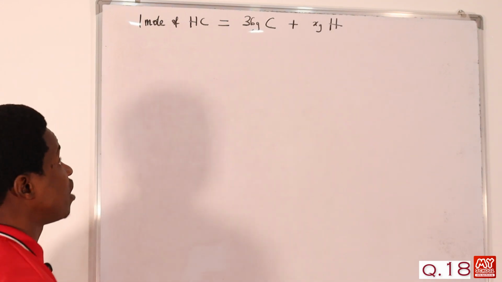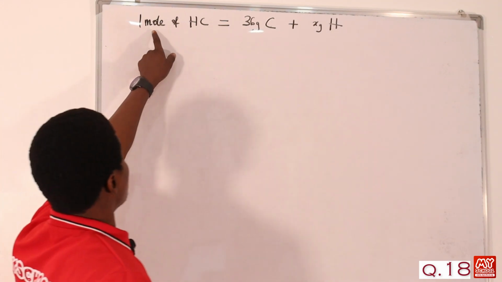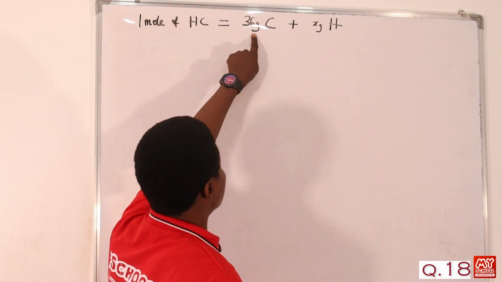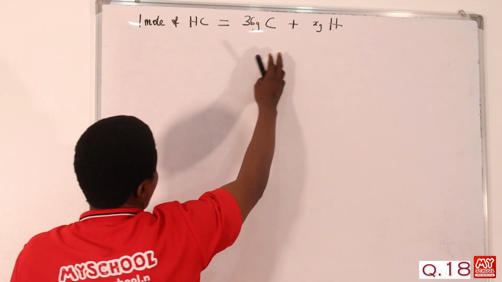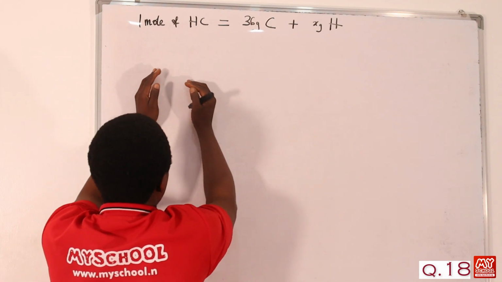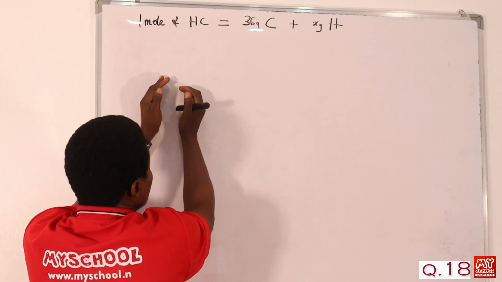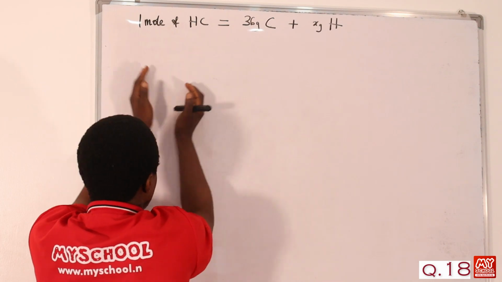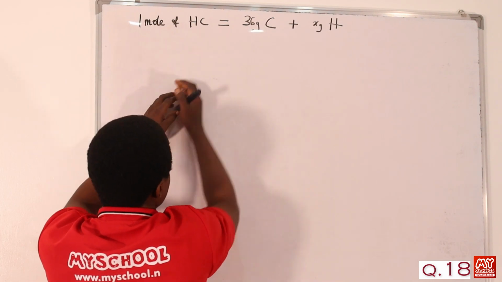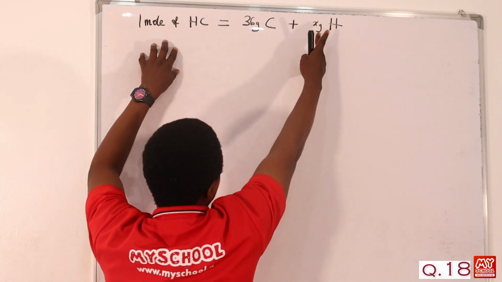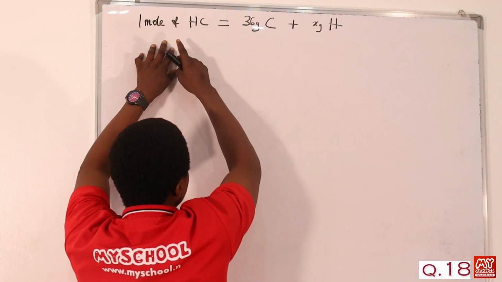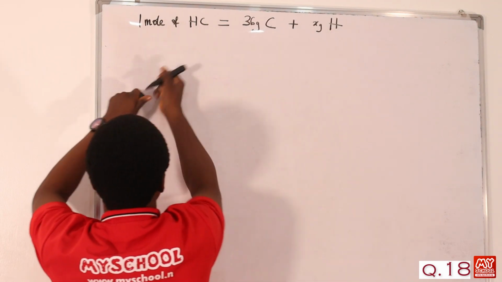We need that because it is a hydrocarbon. 1 mole of the hydrocarbon contains 36 grams of carbon and then 8 grams of hydrogen. So all we need to do is know the total relative molecular mass of the hydrocarbon itself. Once we get that, we will subtract this from the total relative molecular mass to get the mass of that. See what I mean by that?